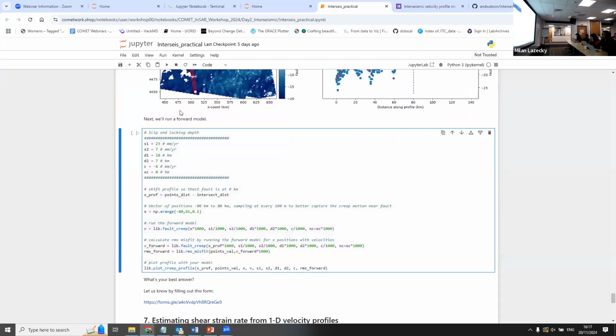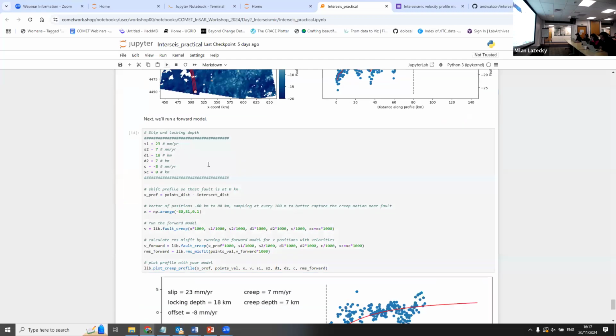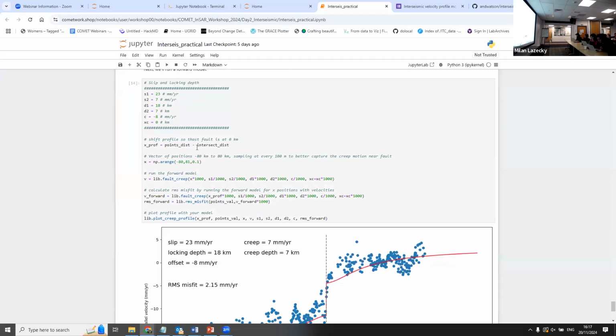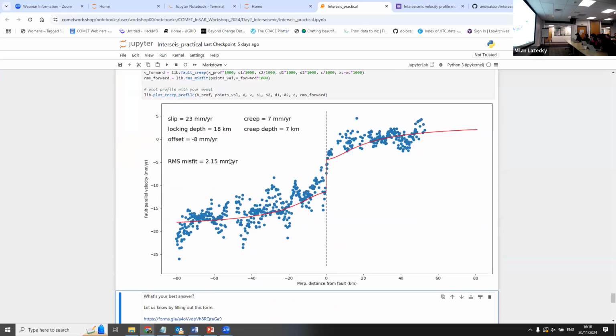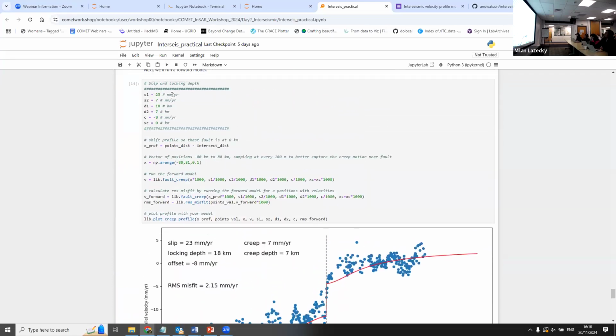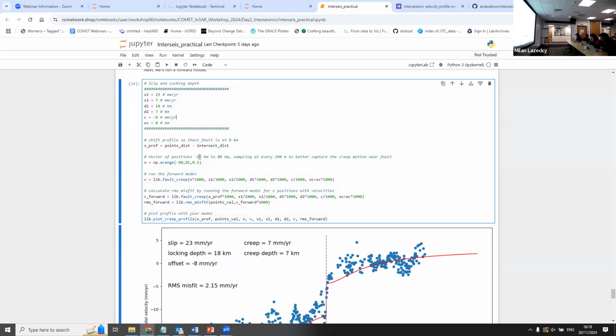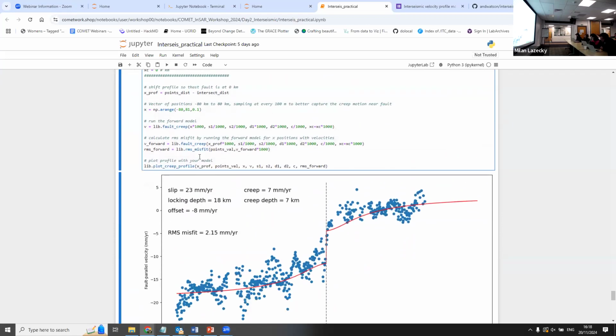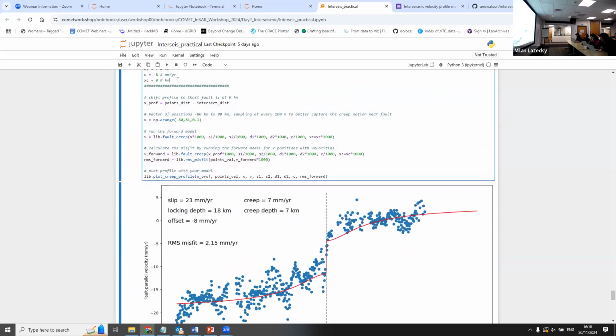Now let's do some forward modeling by setting the parameters manually. S1 is the slip rate, S2 is the creeping rate, D1 is the locking depth, D2 is the creeping depth, C is the constant offset, and SC is the location of the fault.